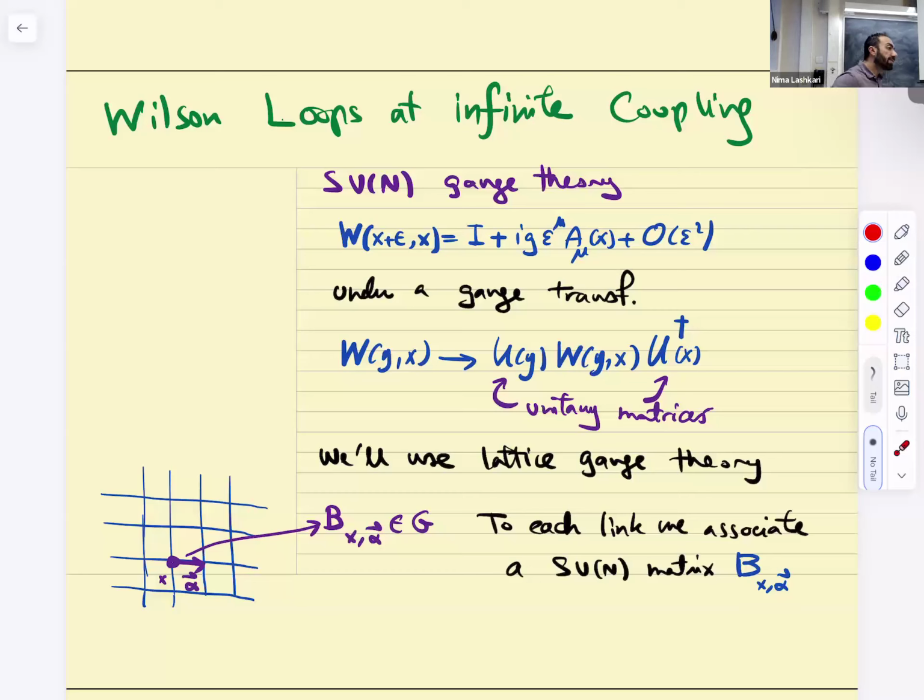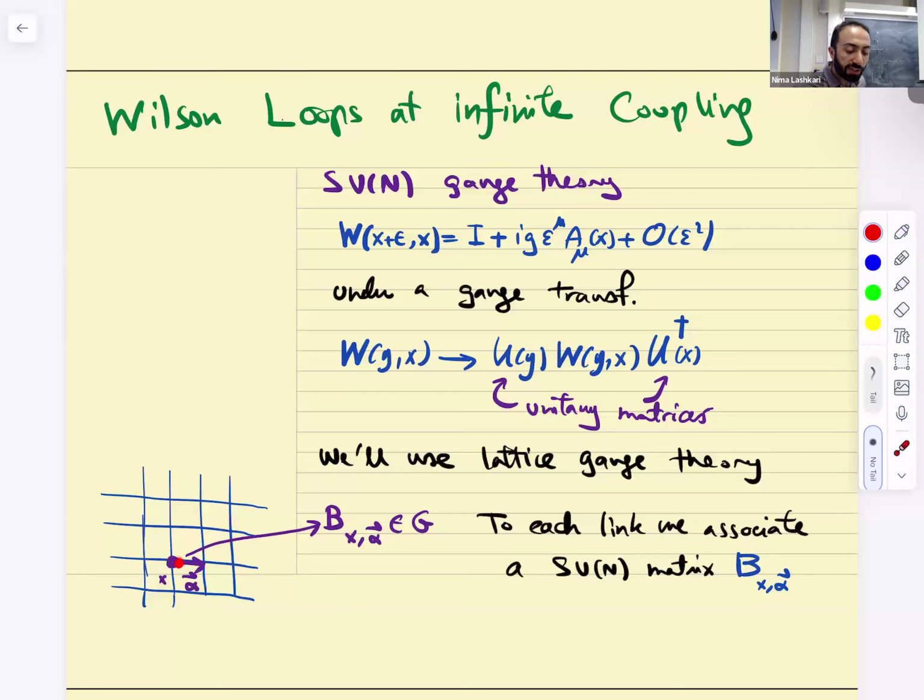We brought this up in part 1 of the course: where do gauge theories come from? We said that you start with a lattice and put degrees of freedom on it.